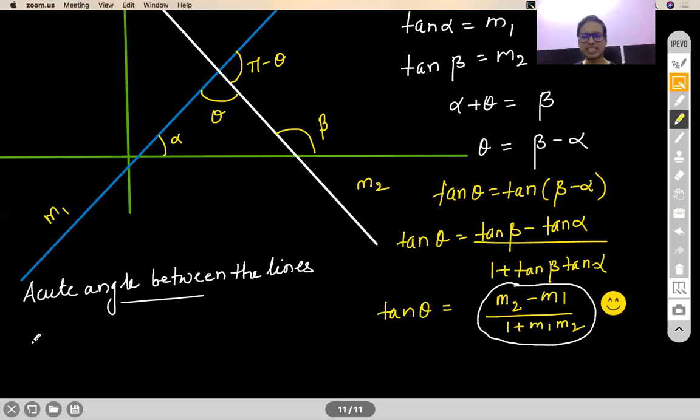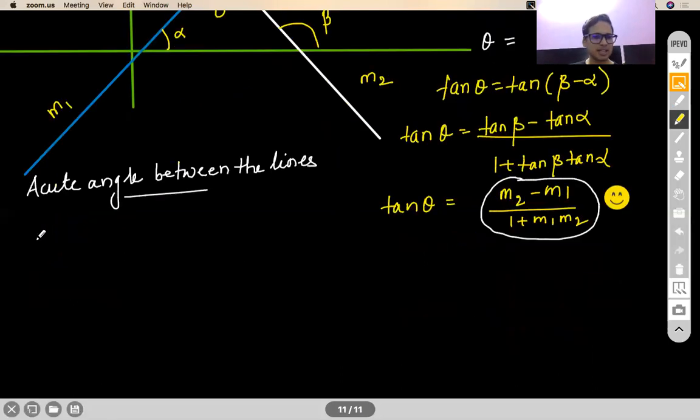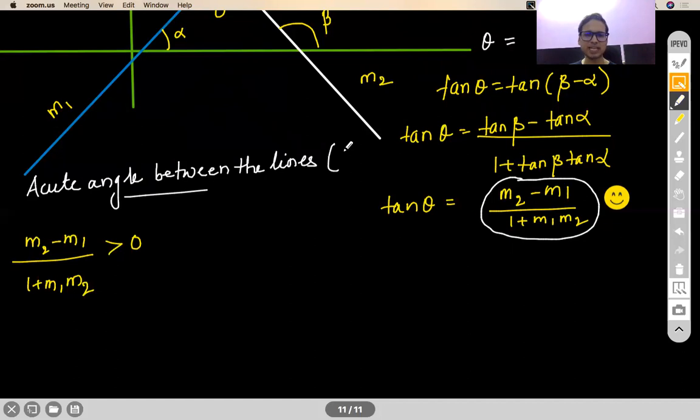The several possibilities here is that, let's say if your M2 minus M1 by 1 plus M1 M2 becomes a positive quantity, then the acute angle that you're looking for, let's say I call this your acute angle, would be nothing but tan inverse of M2 minus M1 by 1 plus M1 M2.